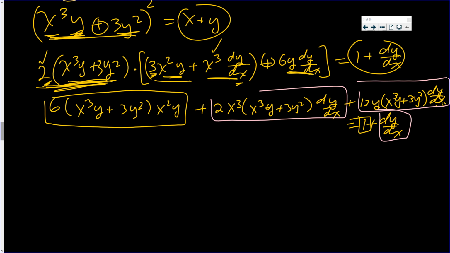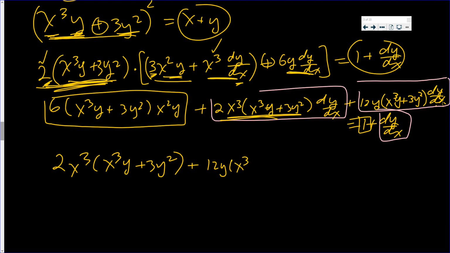How about we bring the dy dx's to the left side? So on the left side, we already have 2x cubed times x cubed y plus 3y squared of them, as well as the 12y times x cubed y plus 3y squared. And then when we bring this over, we're going to have minus 1.